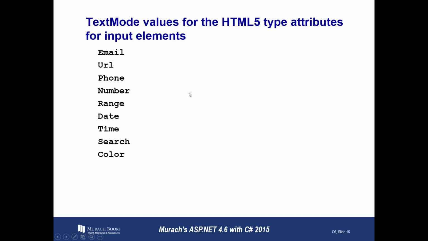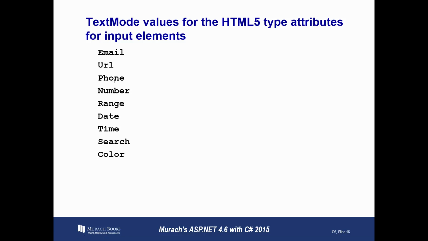Now, with HTML5, there's some special text mode values you can use. We've talked about these before in several of the classes. If you set it up to be email, then it'll check to make sure that what you've entered is a valid email address. It'll check to make sure that what you've entered is a valid URL. Phone is one of those that only has limited support. All right?